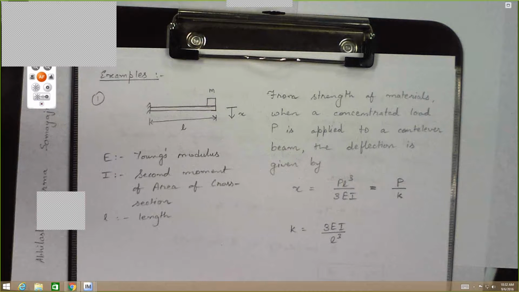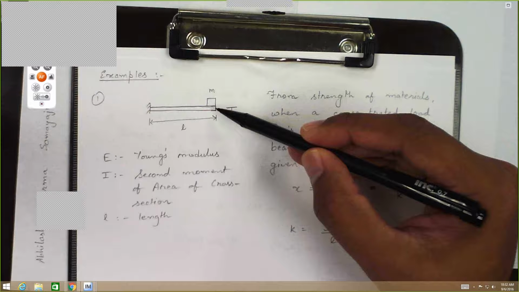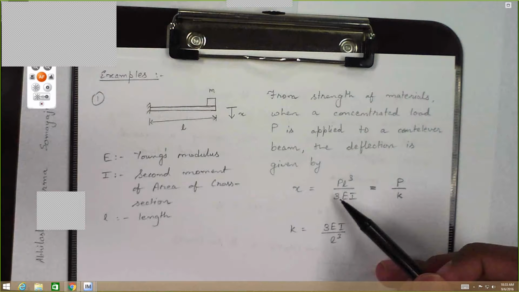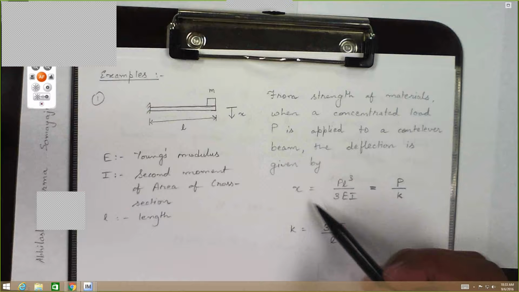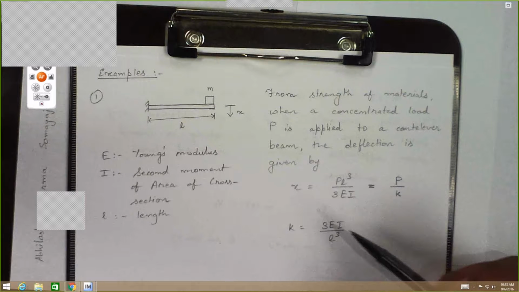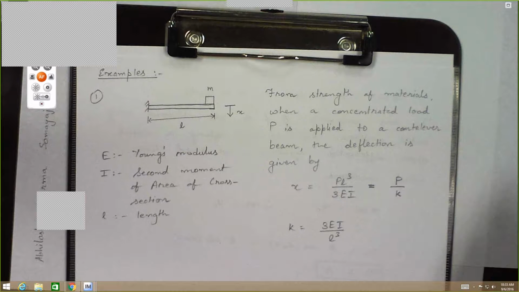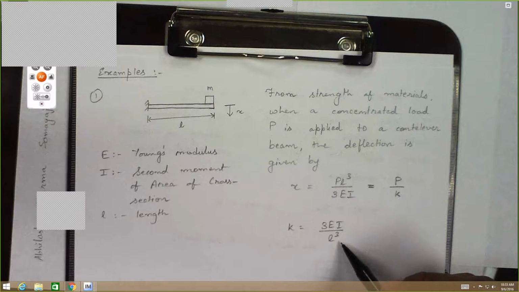So if I apply a load P at the end of the beam, it results in a deflection of this much. That means if I deflect the beam by x, then it will result in a restoring force of P. So in essence, it looks like a spring, and the spring constant for that system is nothing but 3EI over L cubed.